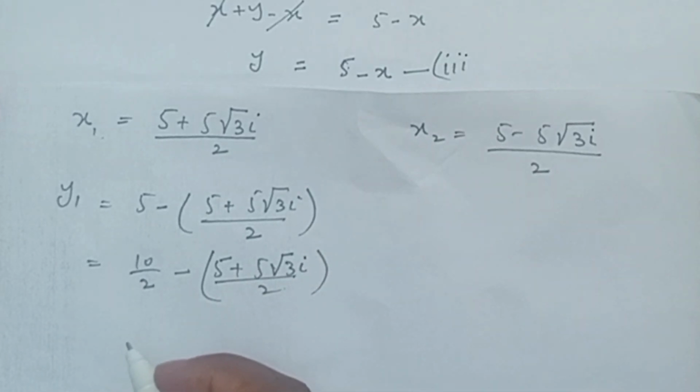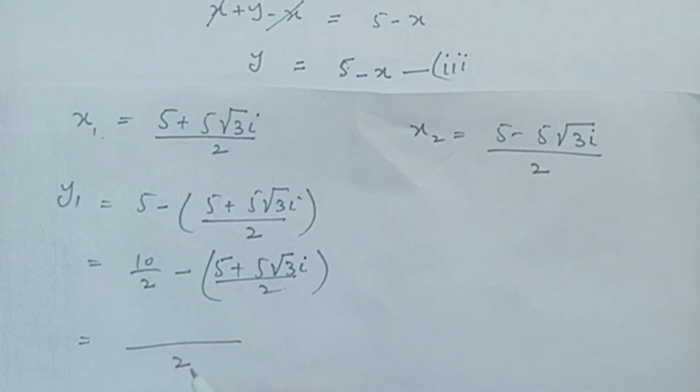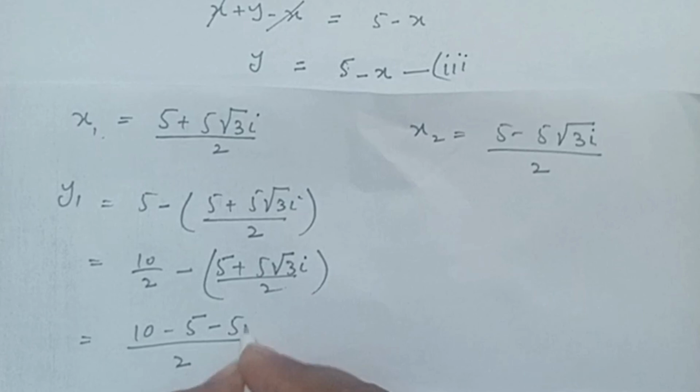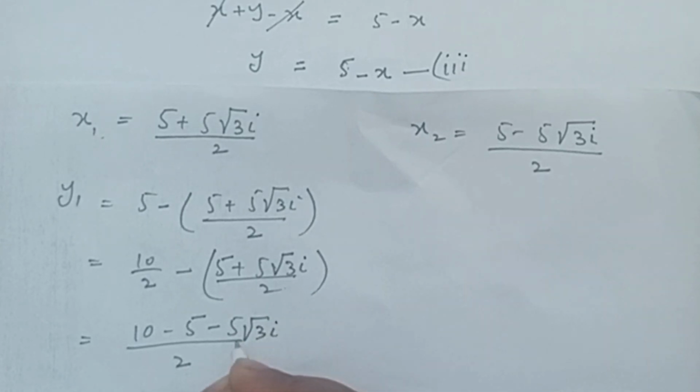Now the denominator is 2, and the numerator is 10 minus 5 minus 5 times square root 3 iota.